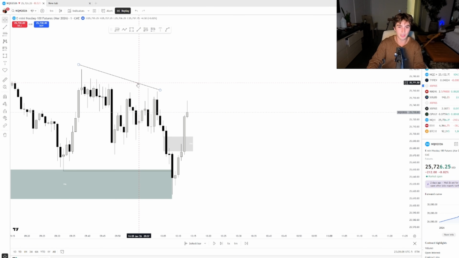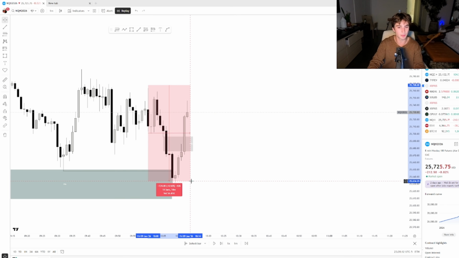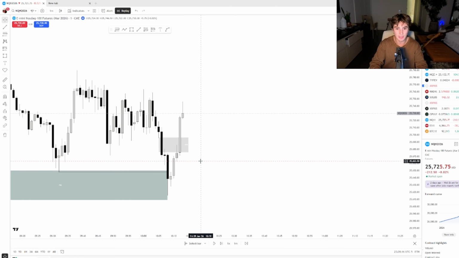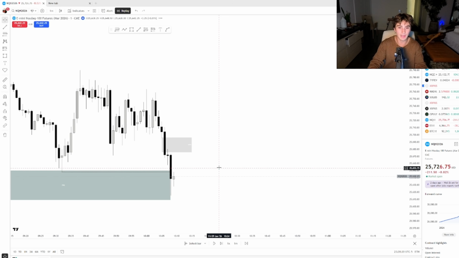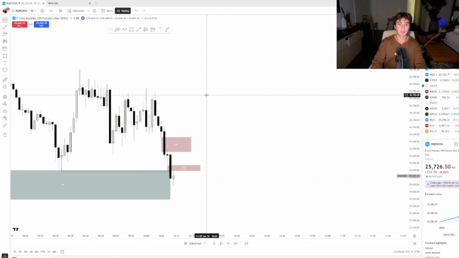So if I look at this leg right here, top to bottom, this is the manipulation leg. Price trades lower, takes this low and taps back into the 15-minute. And I go on the 1 minute. Well, the 1 minute has this bearish gap, and it has this bearish gap, right?